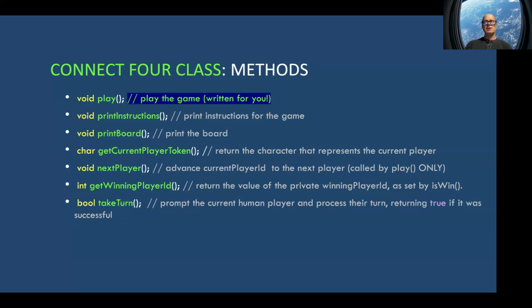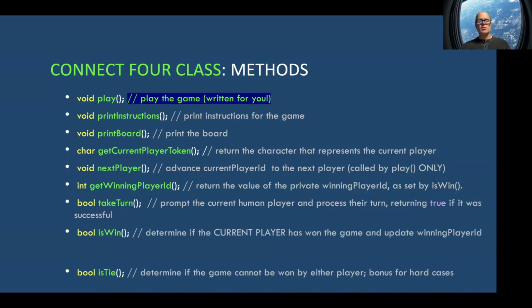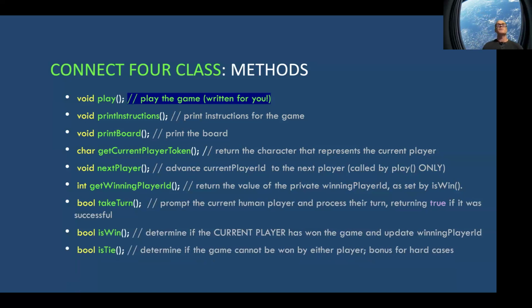The take turn is really where you just need to put something into one of those slots. We'll go over that in just a second. And then the is win and the is tie, as you can probably tell from experience with tic-tac-toe, will take the most time. For those of you who want to go after something more, feel free to.